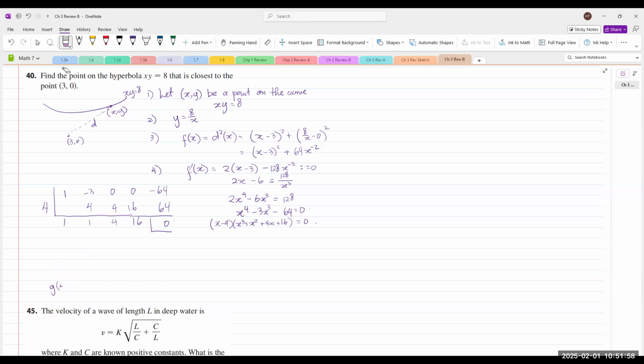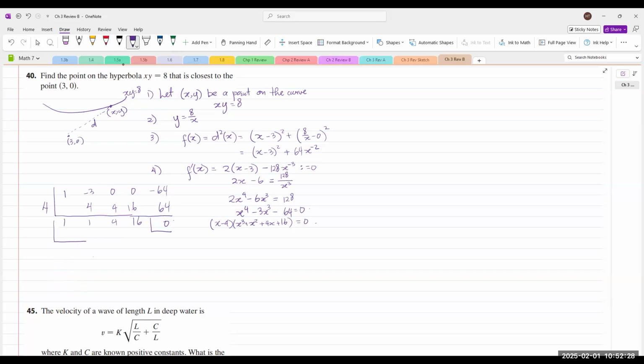But it's degree 3, so it must have a zero somewhere, right? And because all the coefficients are positive, the zeros will not be positive. You know Descartes' rule of signs, right? The number of positive zeros is the number of sign changes, or that number subtracted by 2 or by 4. Here there's no change, so there's no more positive zero.